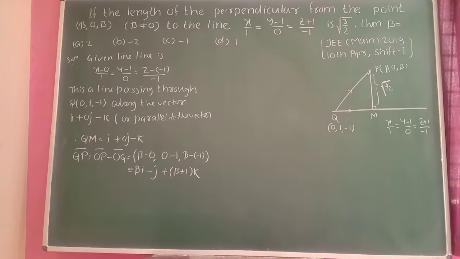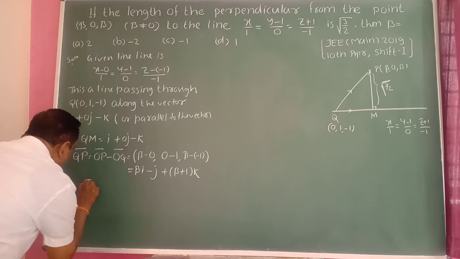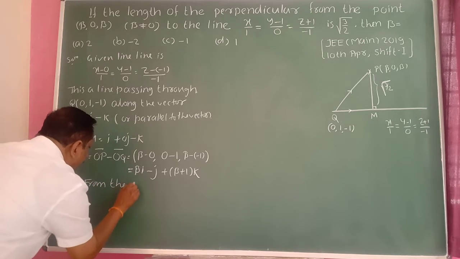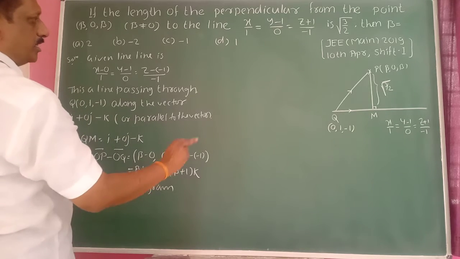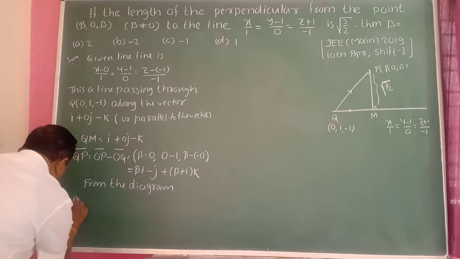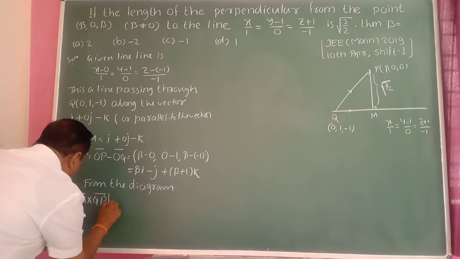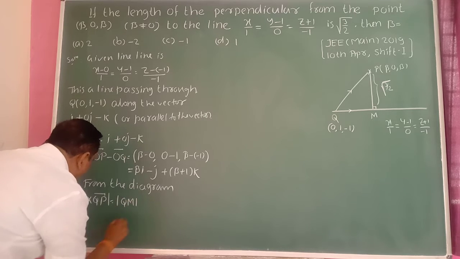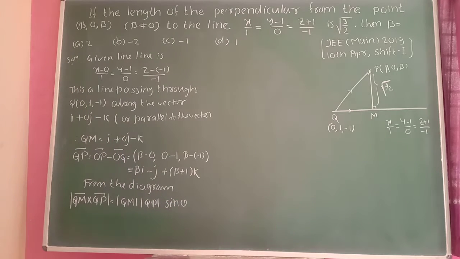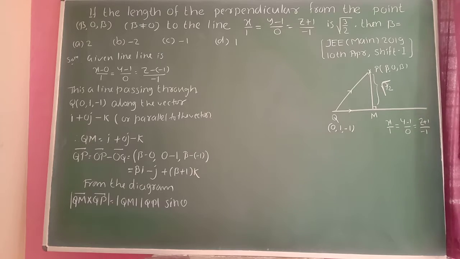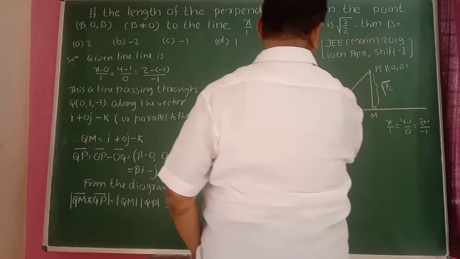Then we know from the diagram that the modulus of QM cross QP is given by the modulus of QM into the modulus of QP into sin θ. Take QP from this triangle.